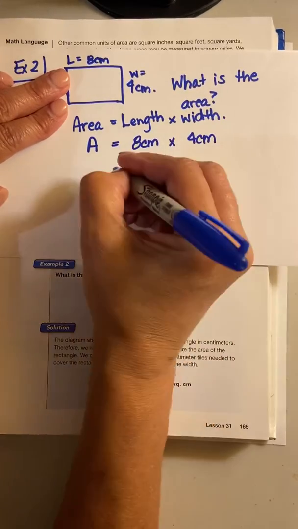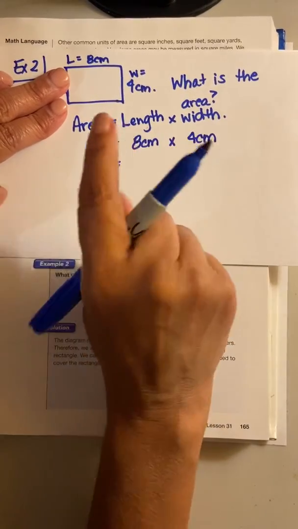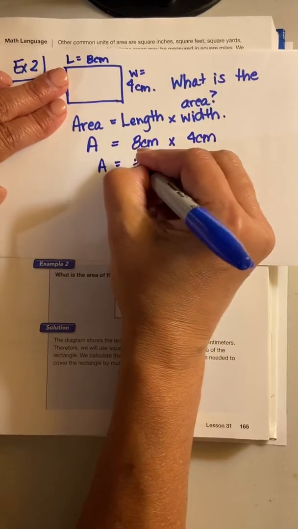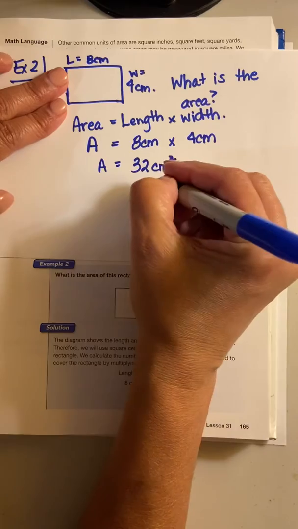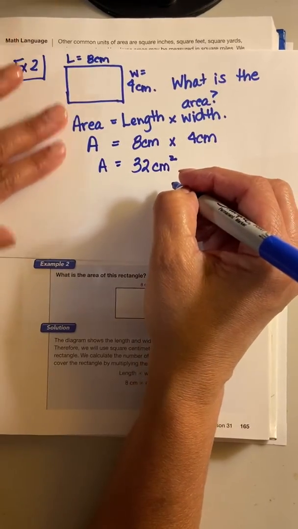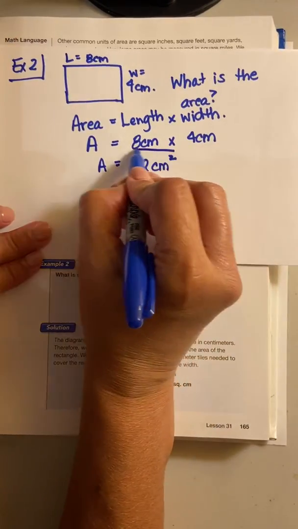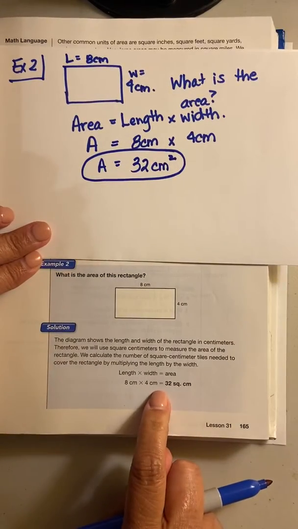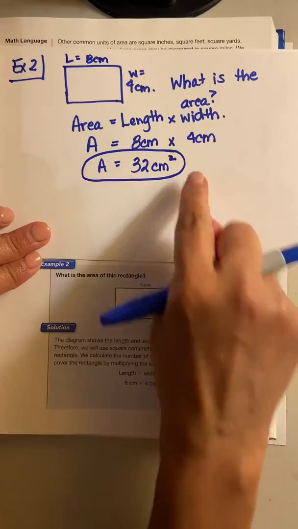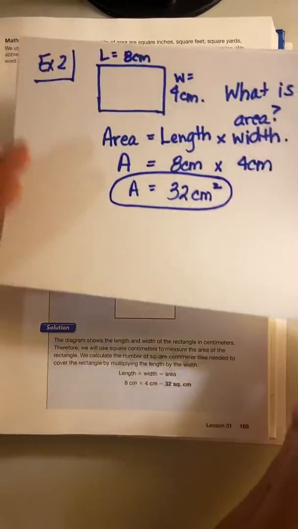And then when I'm done, all I do is multiply 8 times 4, which gives me 32. And again, centimeters squared, or you can say squared centimeters. Final answer, done. Notice they have the same thing here. So if you didn't understand my explanation, they have it in the book.